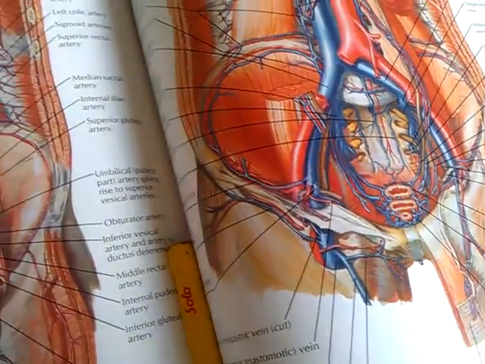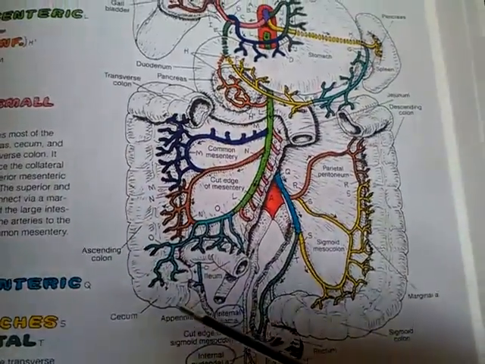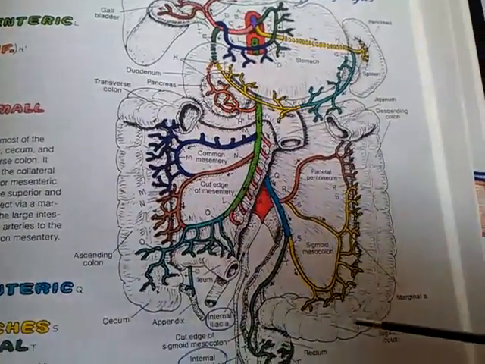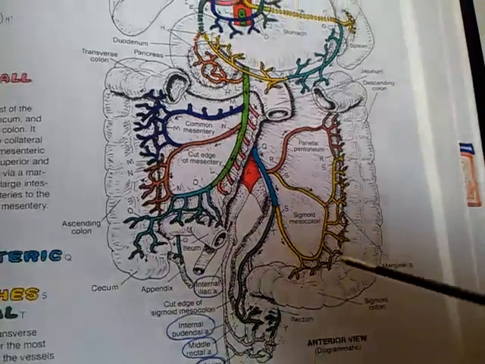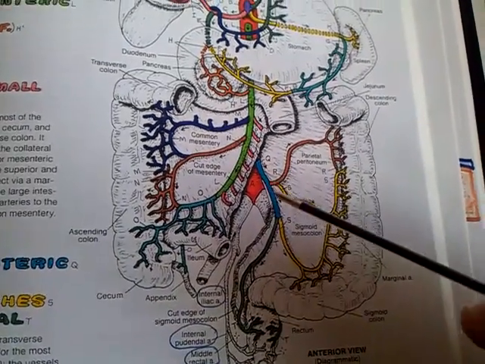Now the blood supply of the large intestine is from the superior and inferior mesenteric vessels.